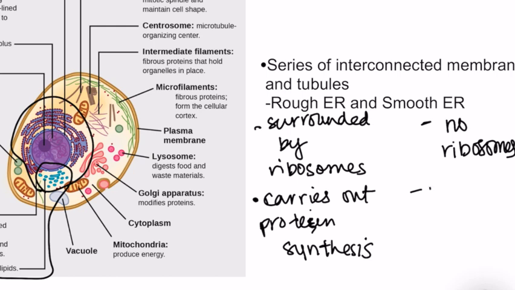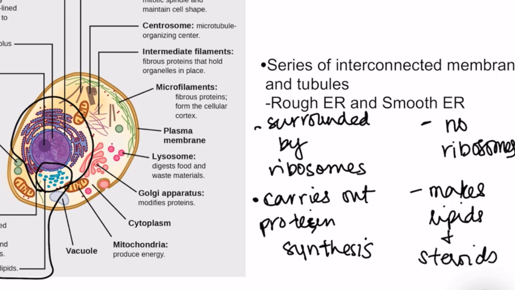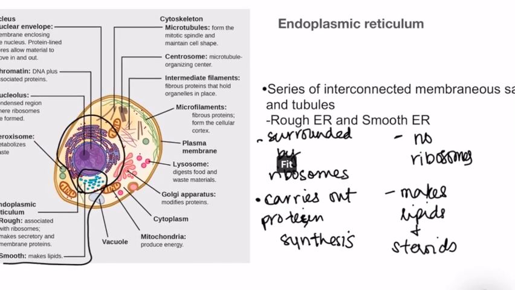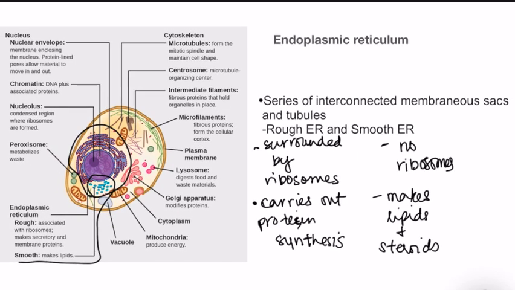It makes lipids and steroids. For labs and such, a good way to remember where the endoplasmic reticulum is, is that it's going to be right next to the nucleus.